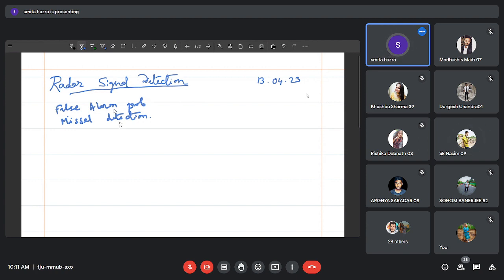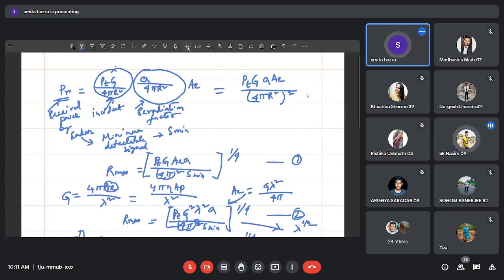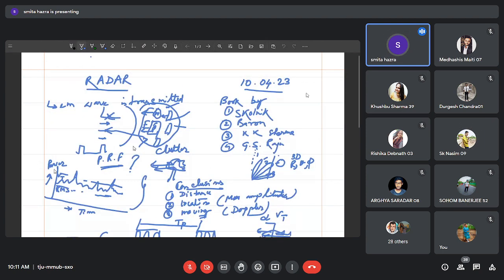If we go back to that previous curve, and we make this VT a lower level so that the total system becomes very conscious about the presence of the weak echo, then what will happen?